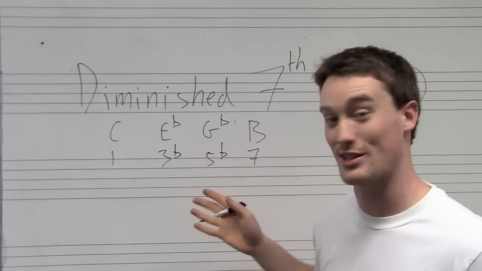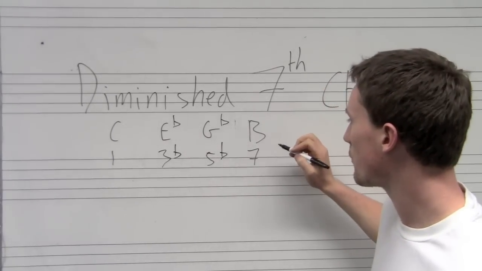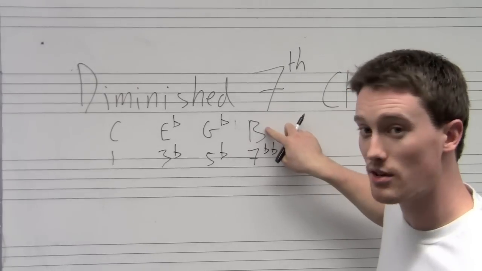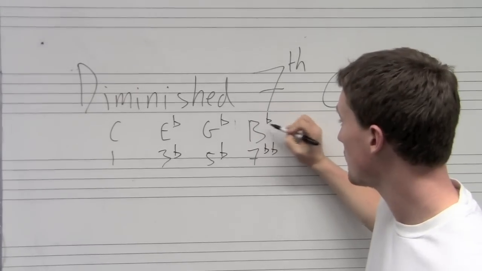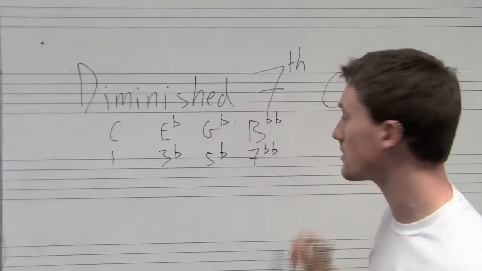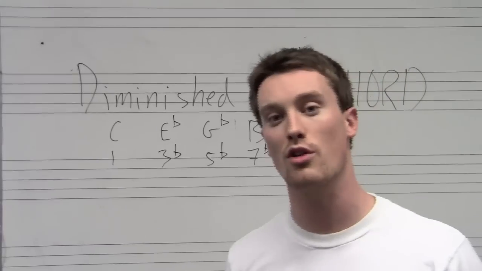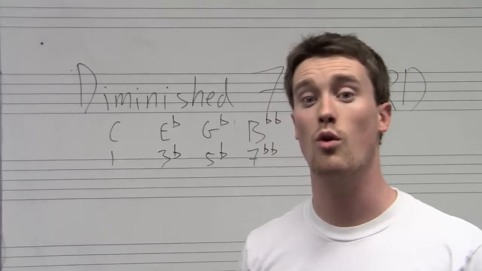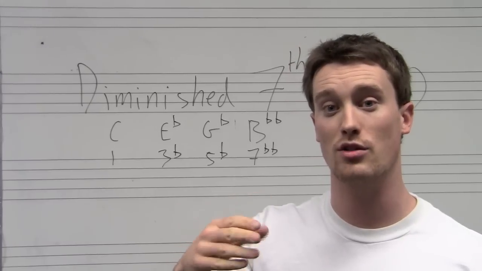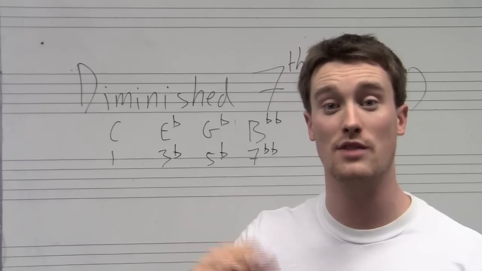Very confusing terminology, yeah? But as soon as you flatten the 7th twice, so B goes down to B flat, but then it also goes down another one. So whenever you go down 2 flats, you go down a tone. So a tone you can think of as 2 frets or 2 semitones, okay? A tone, you could think of it abbreviated to T, or T for 2, yeah?